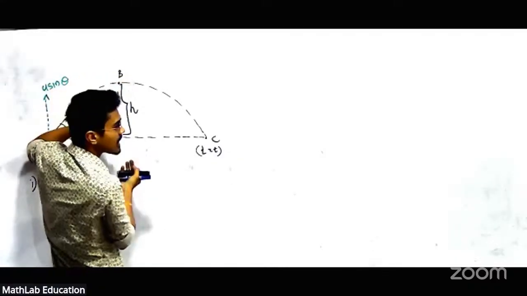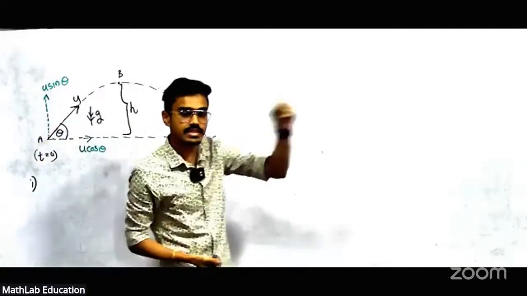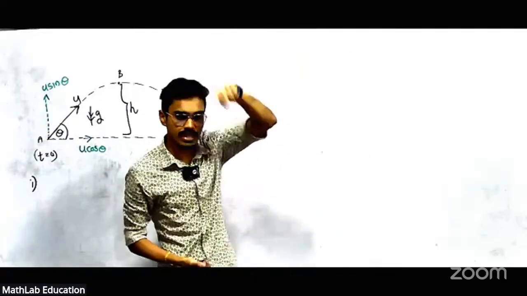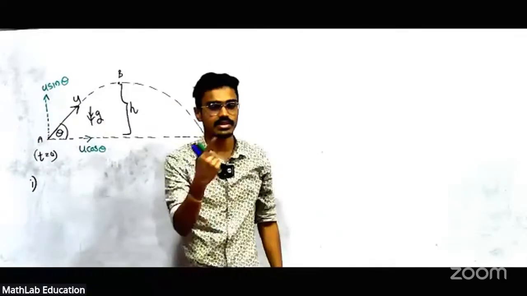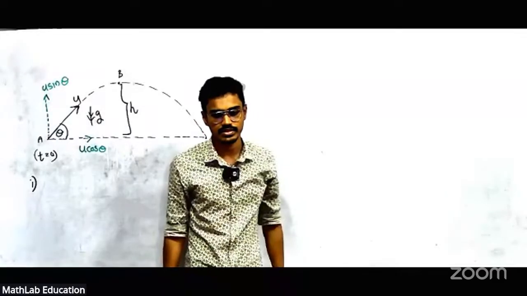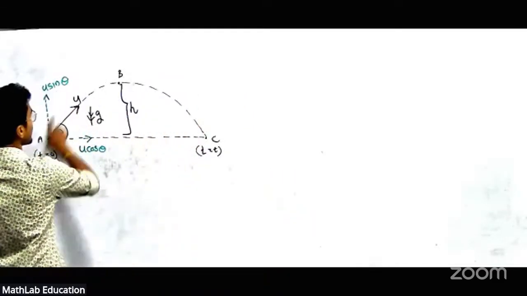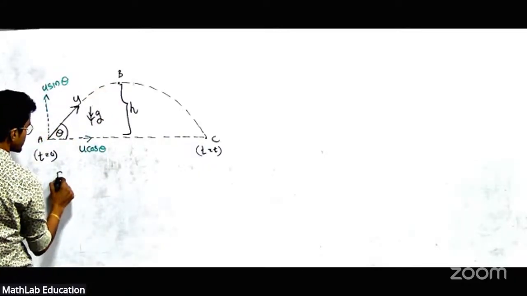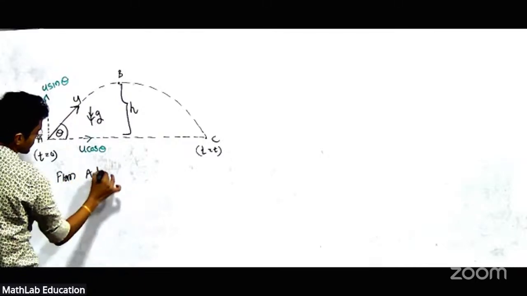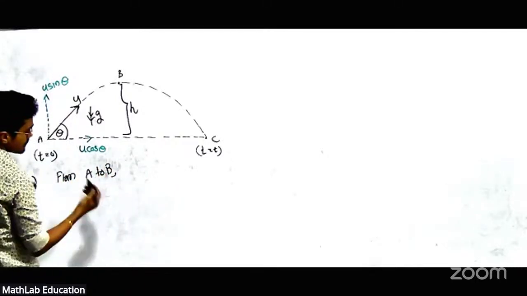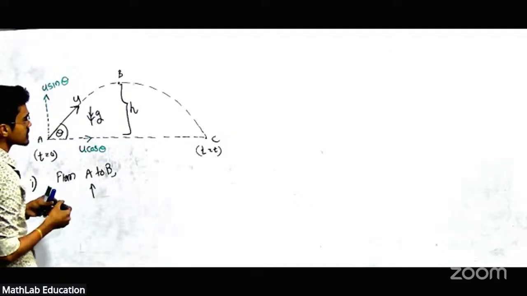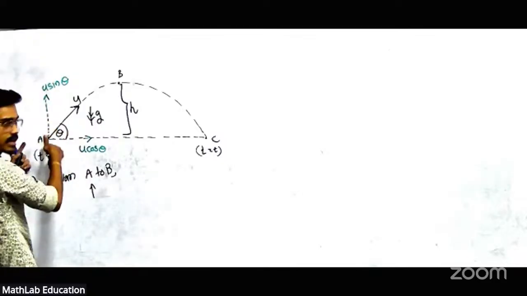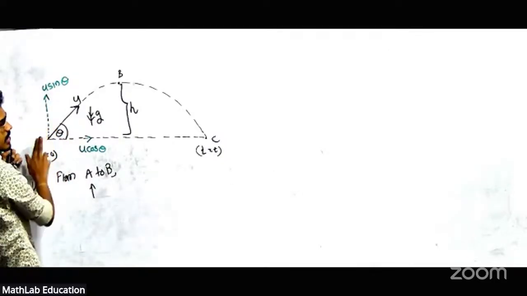So if I consider the vertical linear motion and find the maximum height of that vertical linear motion, that will be the same as this, no? That is our approach. Now, from A to B, vertically upwards, we are going to use a linear motion equation, because we know linear motion goes from A to B and B to A, back and forth, upwards and downwards.